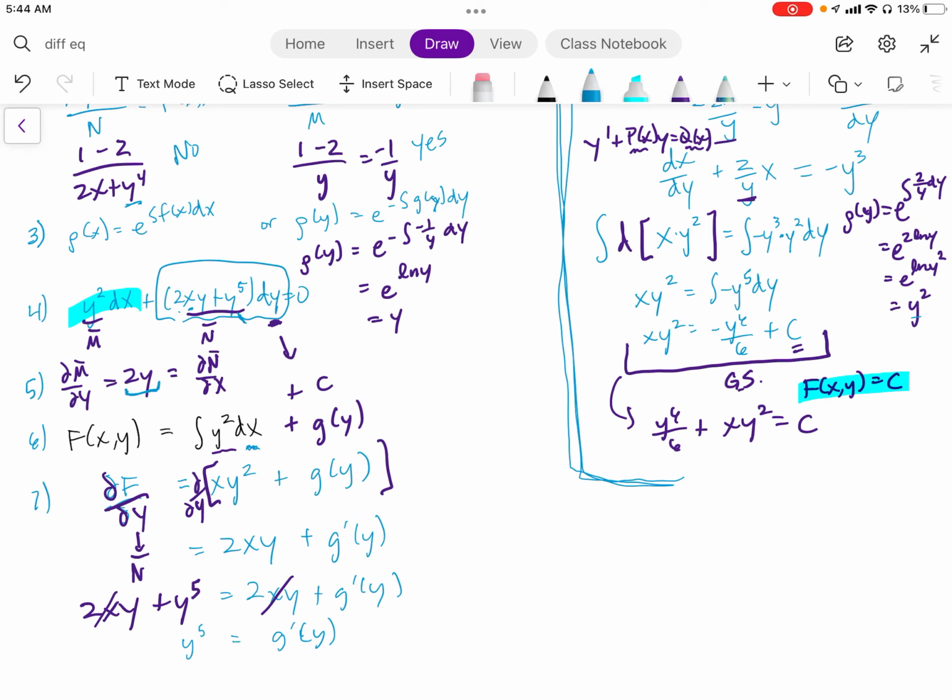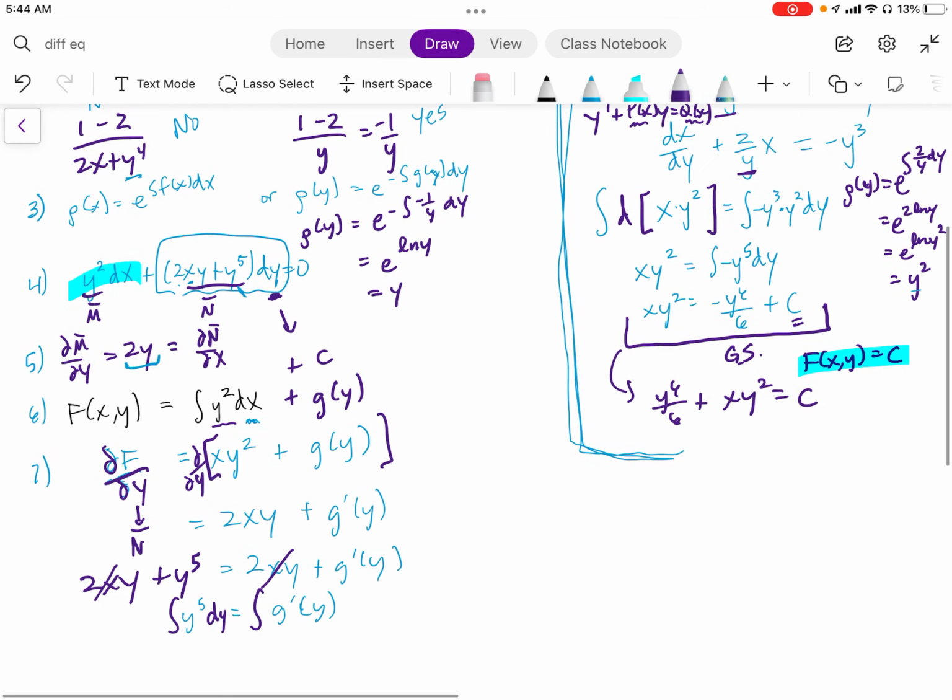Well, the derivative with respect to y of function g of y. So what we do is integrate with respect to y. That way we know what our g function is. And we get 1/6 y to the 6th plus some constant.